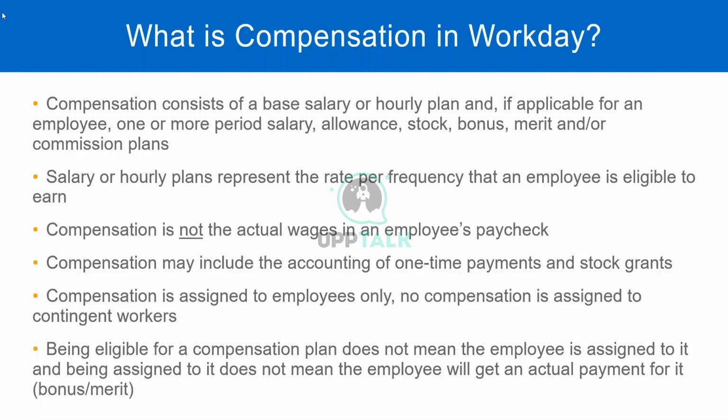So salary or hourly plans represent the rate per frequency that an employee is eligible to earn. Now what does that mean? That means, let's say, your salary is $50,000 a year. So how are we representing the amount?